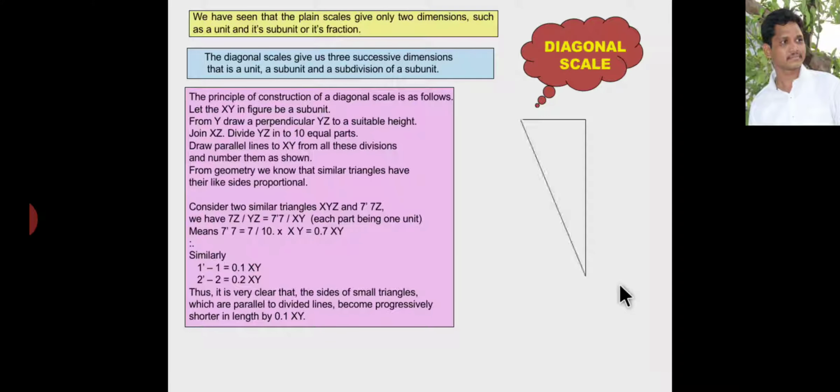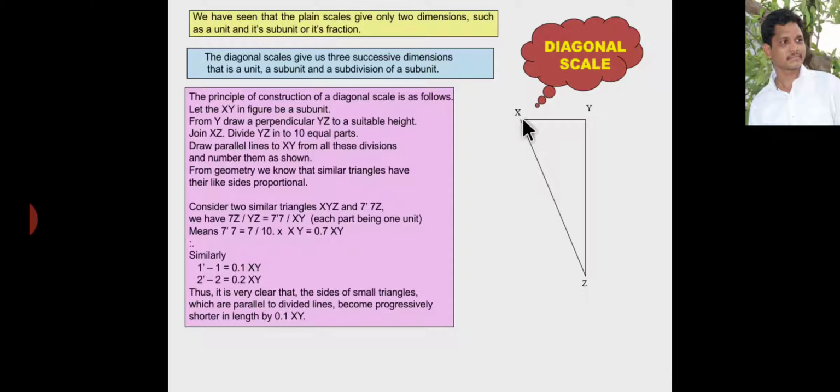Here I will explain the basic principle of a diagonal scale. I consider a right angle triangle, which I name XYZ.